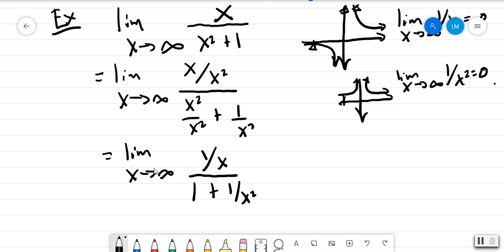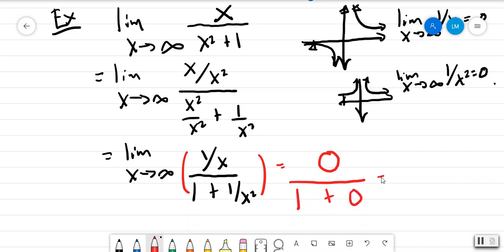Now, if we apply the limit operator to both the numerator and the denominator, that gives us 0 for the top part divided by, well, the 1 stays constant, so 1 plus 0, but that's still just 1. So we have that the limit is just 0.